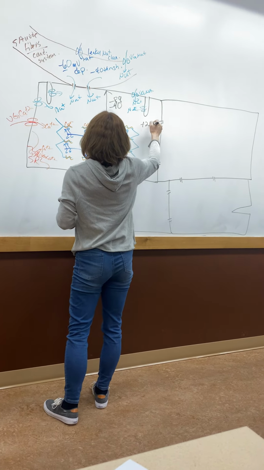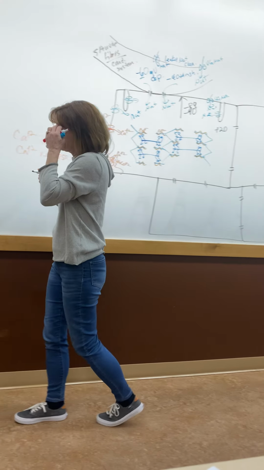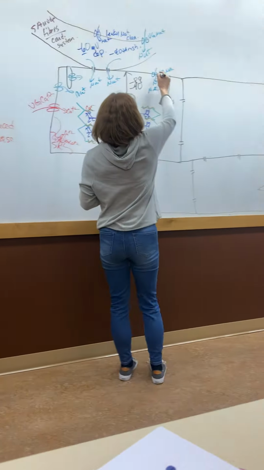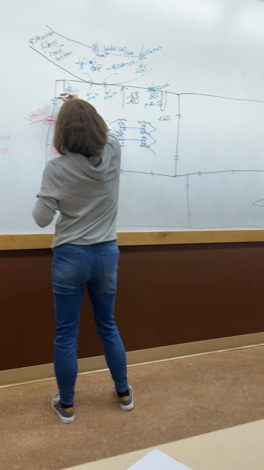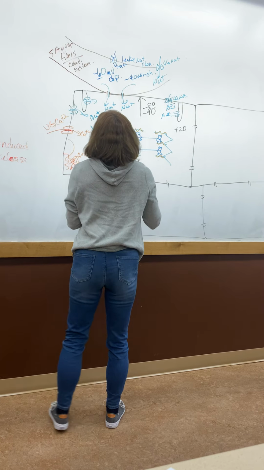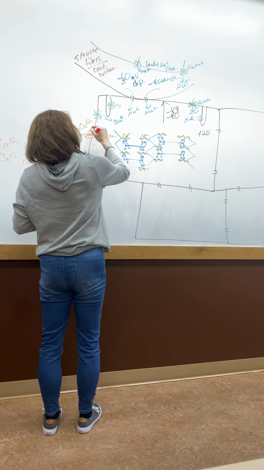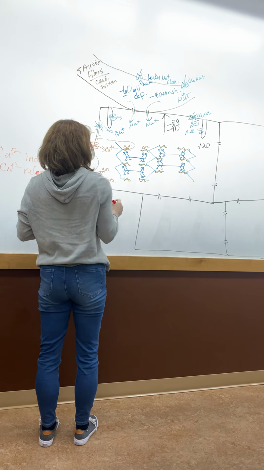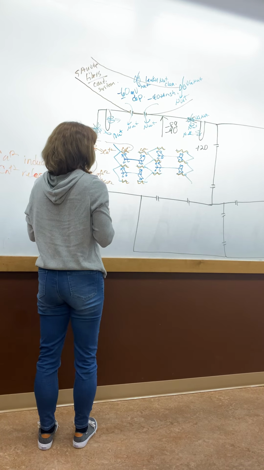We're going to depolarize to plus 20. Plus 20 is going to close our voltage-gated calcium gates, or allow for calcium to be pumped back out, removing calcium from our TT.